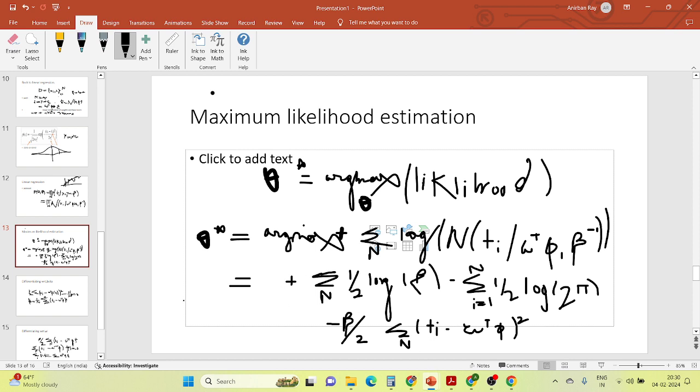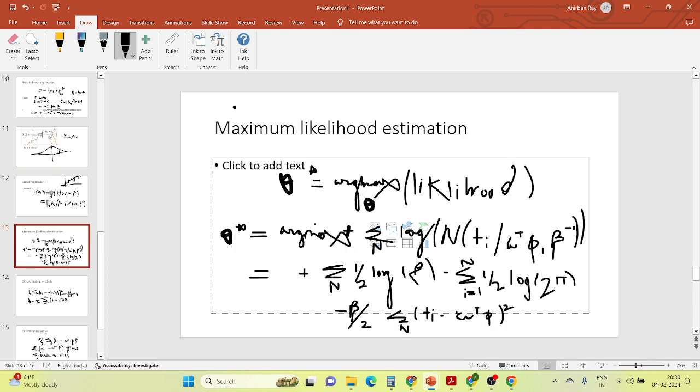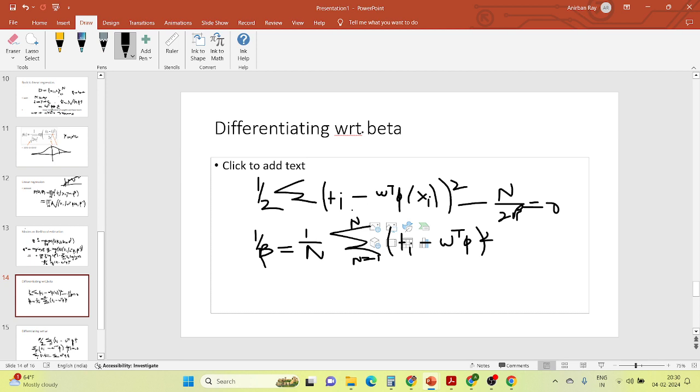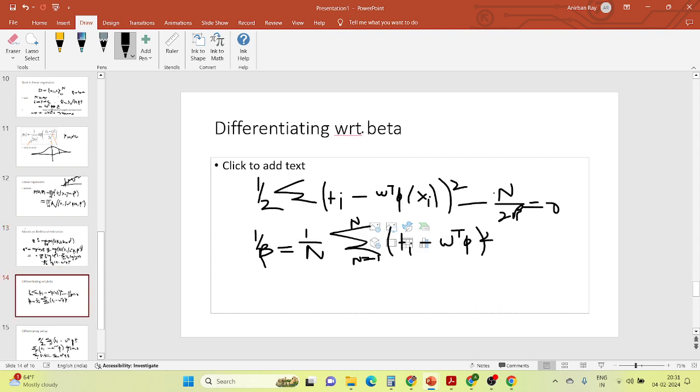So I'm separating these and differentiating with respect to beta. This term is the coefficient of beta. Taking the derivative, beta will go away, and here this is log, so 1 by beta, so n by 2 beta goes to 0.